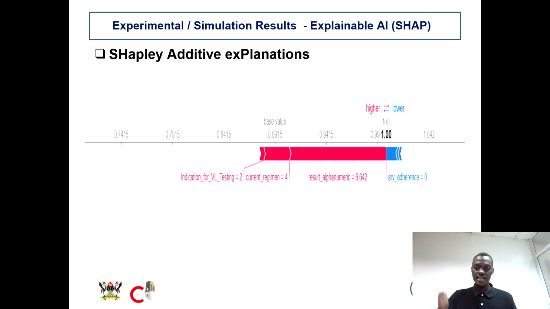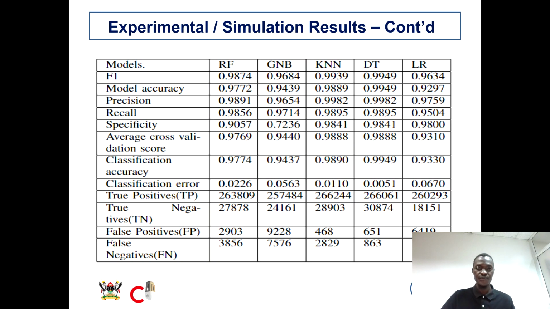You realize that for SHAP, ARV adherence does not contribute, does not have value to what we want. But you see that result alphanumeric has a very big gap. It positively contributes, or it can help us be able to tell those patients. The same applies to treatment regimen and indication for viral load testing.